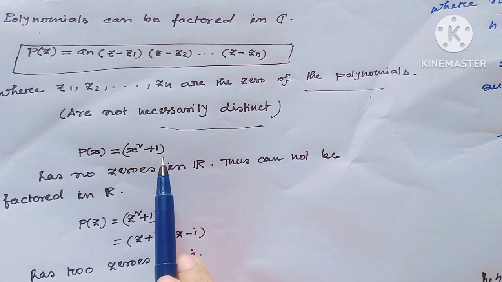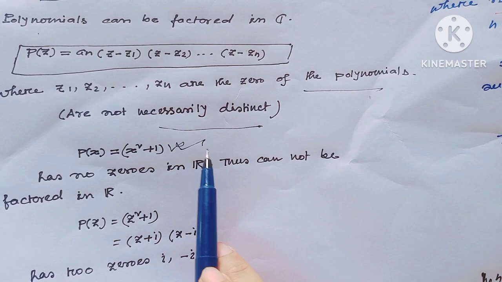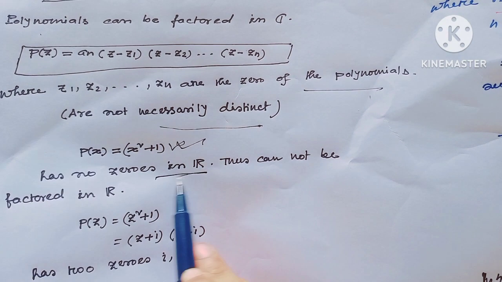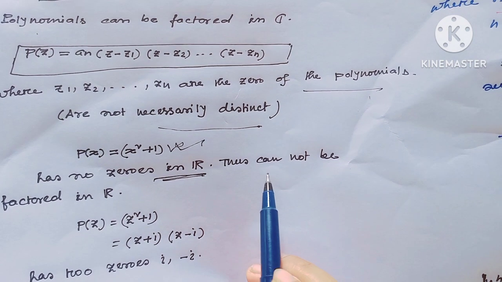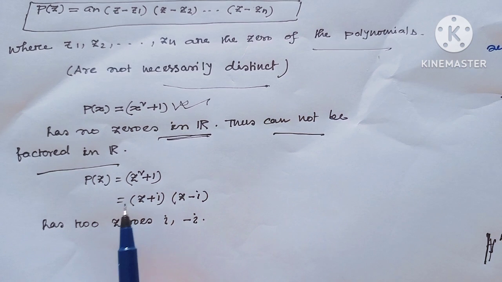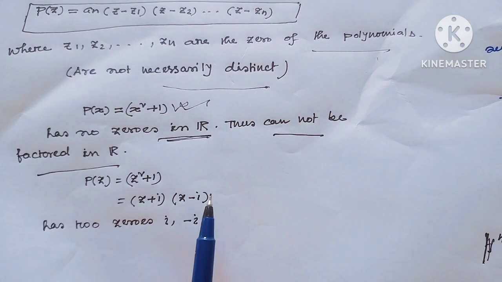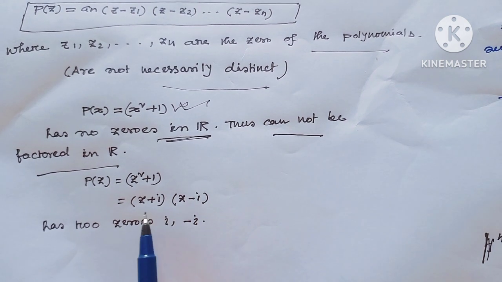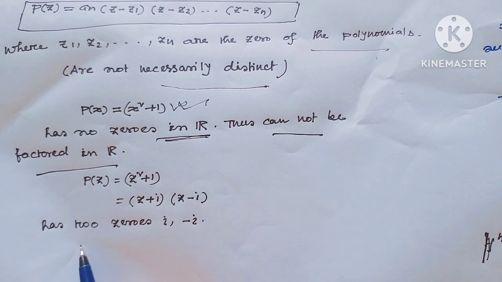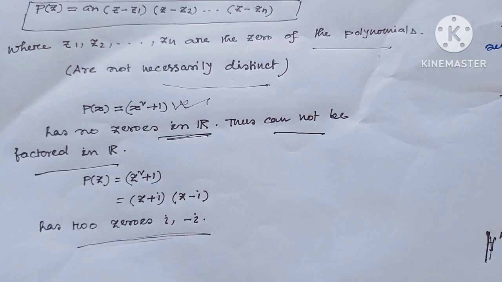If we consider p(x) equal to x squared plus 1, then all of us know this has no zeros in R, because this cannot be factored in R. But if we consider p(z) equal to z squared plus 1, then we can factor this as (z plus i) times (z minus i), because here the roots are i and minus i.